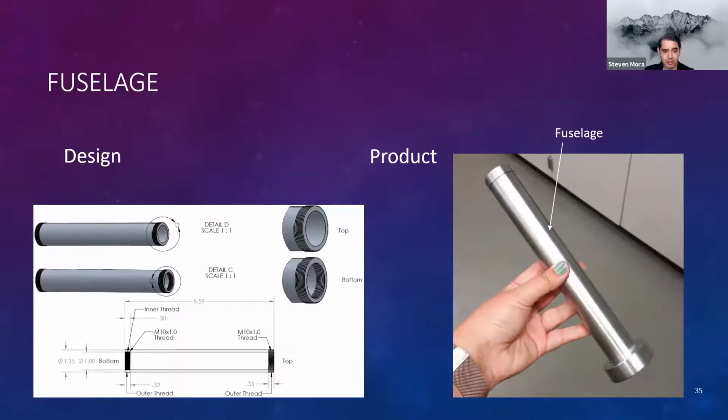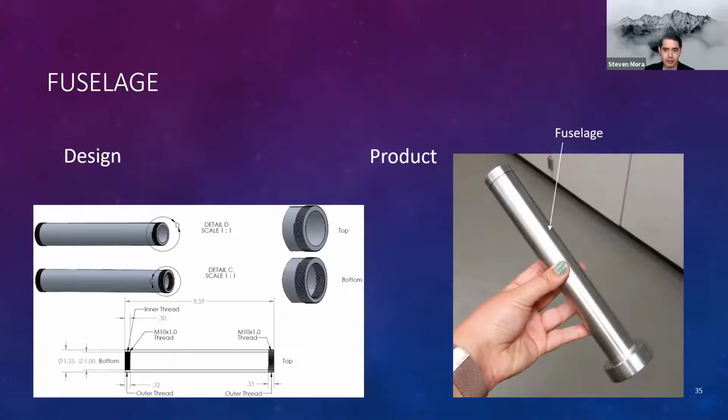This is the result here. This is our blueprint of the fuselage, and this is the end result of the machining. The material selection here is aluminum 6061-T6.